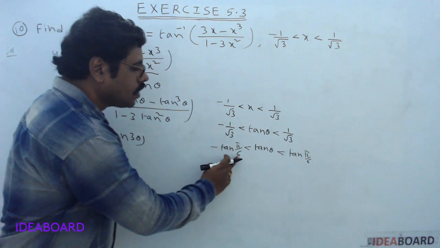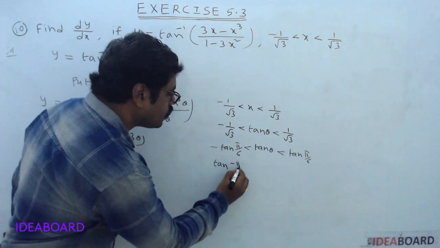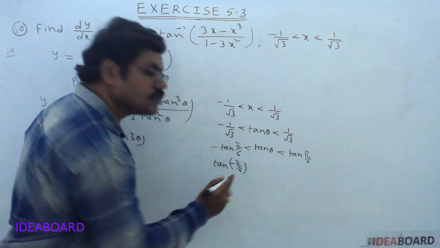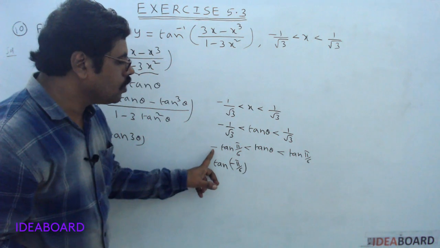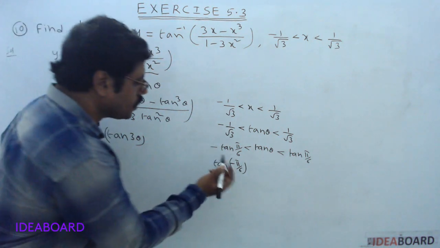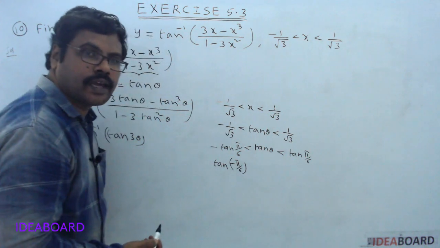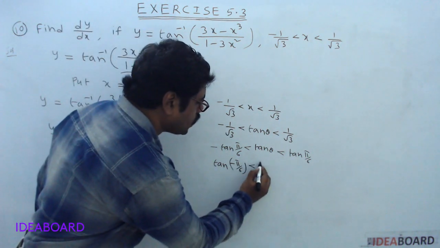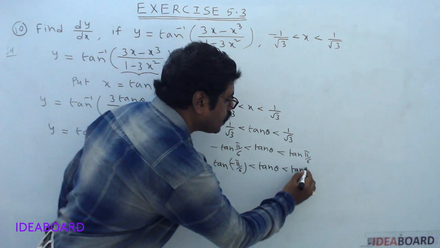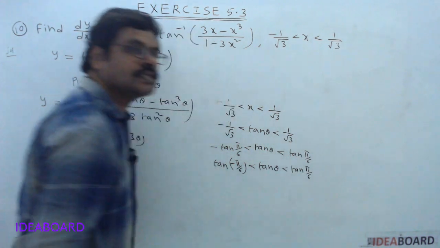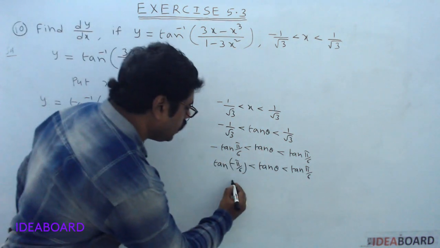So minus tan pi by 6 can be written as tan of minus pi by 6, because tan of minus theta equals minus tan theta. So tan of minus pi by 6 less than tan theta less than tan pi by 6. Now eliminate the tan function from this inequality.